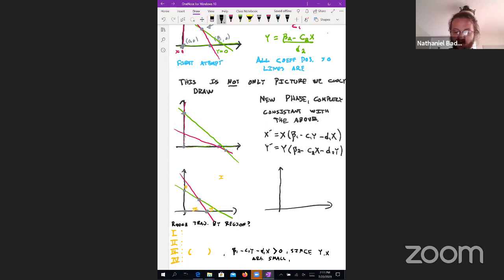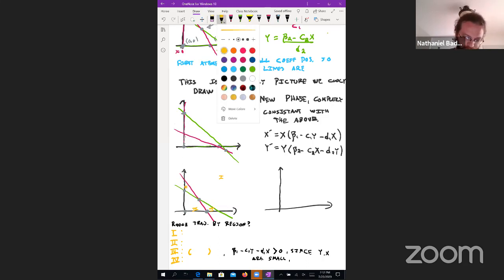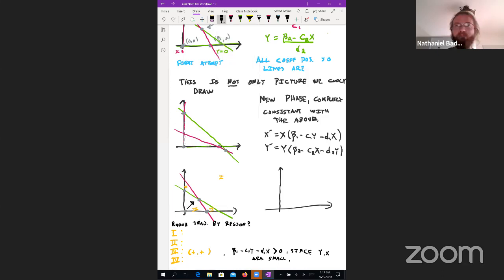Where beta 1 is greater than C1y minus D1x. So yeah, we're going to get plus. Yeah, exactly.